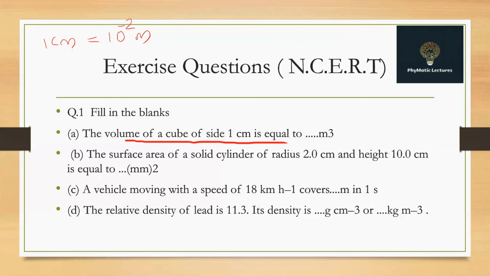Length into length into length, that is 1 centimeter into 1 centimeter into 1 centimeter. That's 10 to the power of minus 2 into 10 to the power of minus 2 into 10 to the power of minus 2, which is 10 to the power of minus 6 meter cube. So the volume of a cube of side 1 centimeter is exactly 10 to the power of minus 6 meter cube.